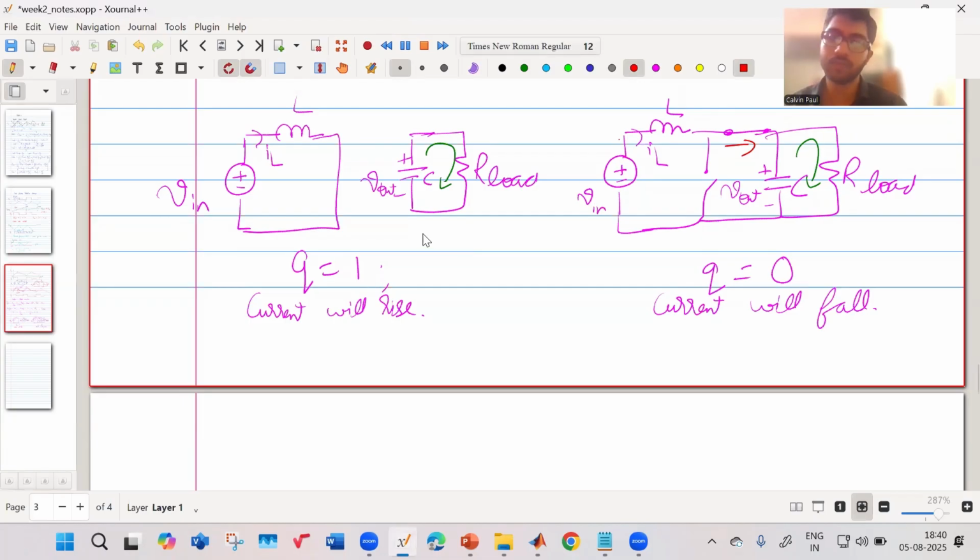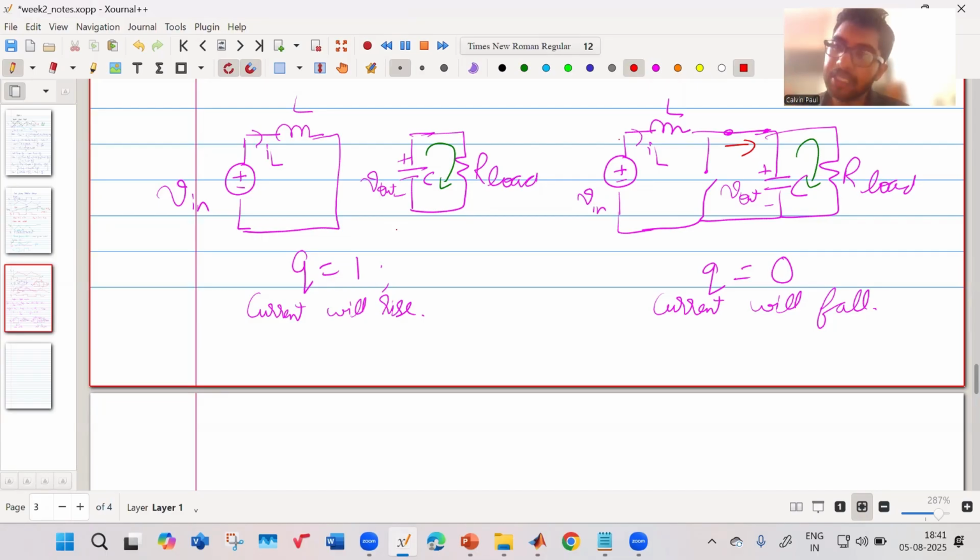So when Q is equal to 1, your current will rise and your output capacitor will discharge through the load. When Q equal to 0, your current will fall and your output capacitor will discharge through the load, but your inductor current will also charge it. So that's why your output capacitor voltage will increase.